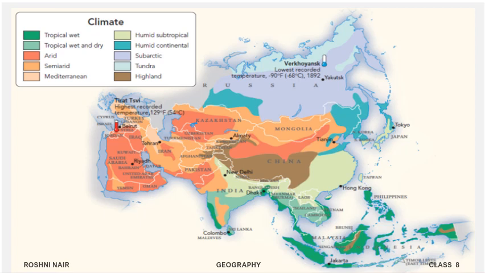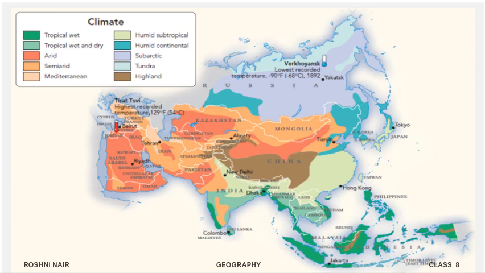In general, we study three basic elements. We already studied landforms and drainage. Now the third element is the natural environment of that area. So in this chapter we will learn about climate and natural vegetation of Asia.